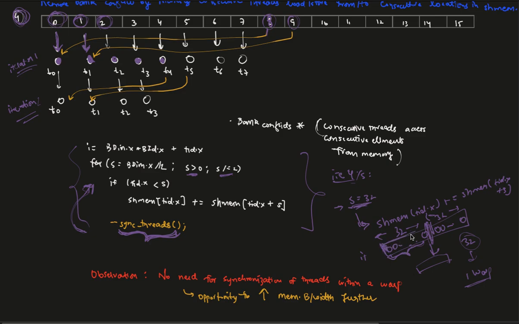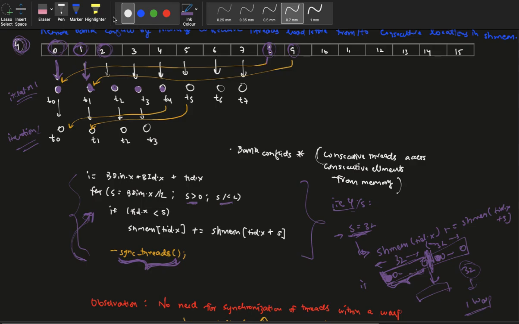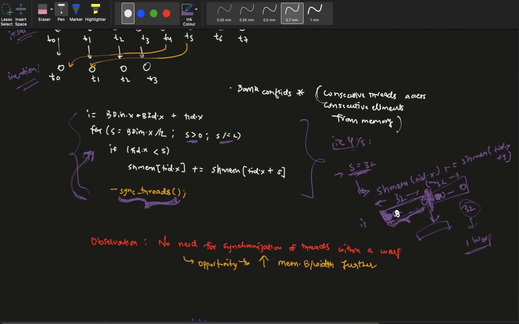And recall that when one warp executes, a warp always executes in lockstep. So thread 0 calculates the sum of this and this, right? Thread 1 calculates the sum of this and this, and thread 2 calculates the sum of this and this.